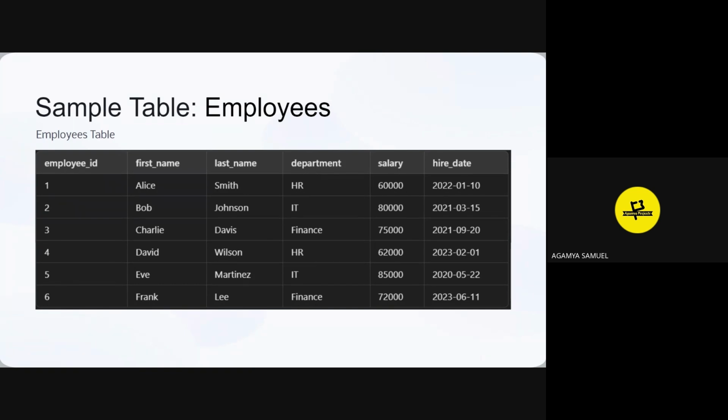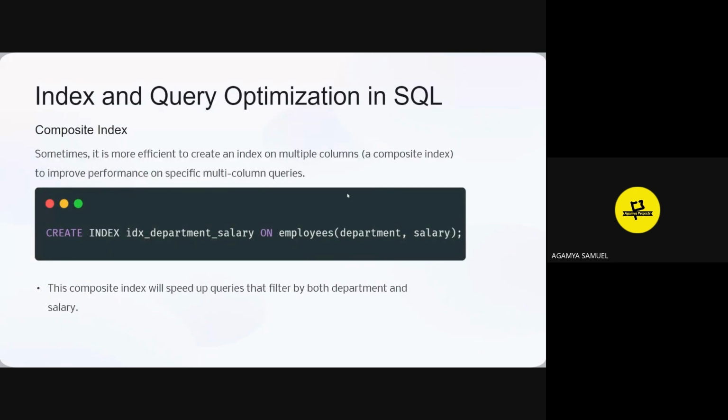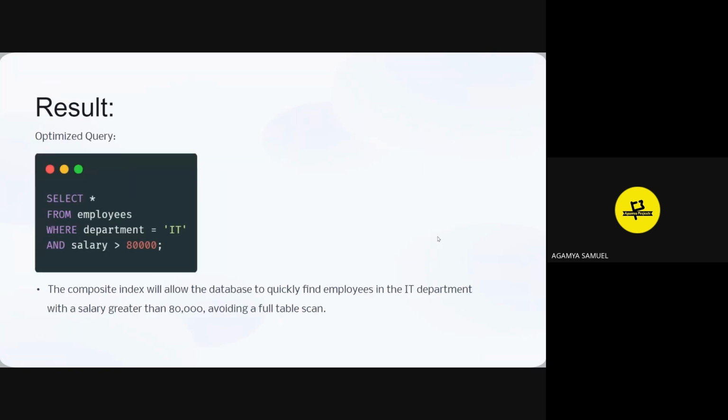We will create a composite index consisting of the department and salary columns. That is how we create a composite index: CREATE INDEX, then the name of the index, ON the employees table and the department and salary columns. This will create a composite index on both department and salary combined.